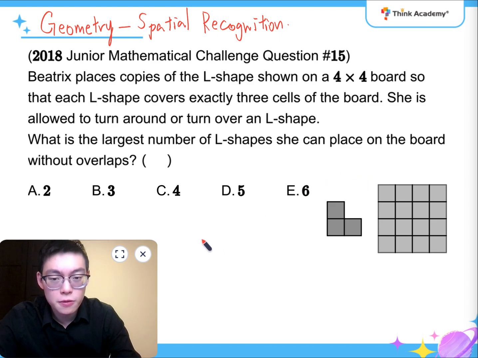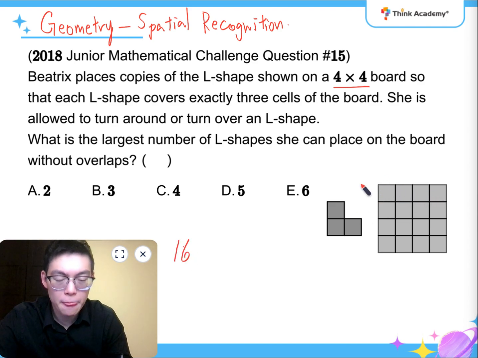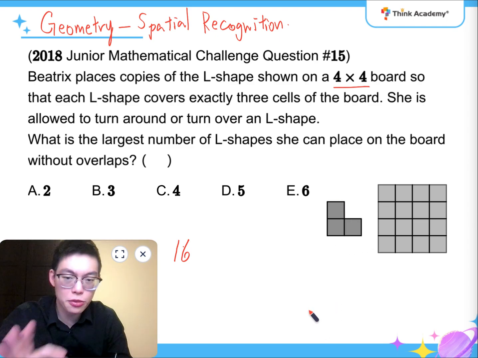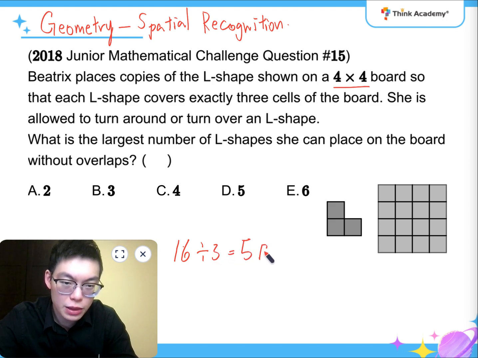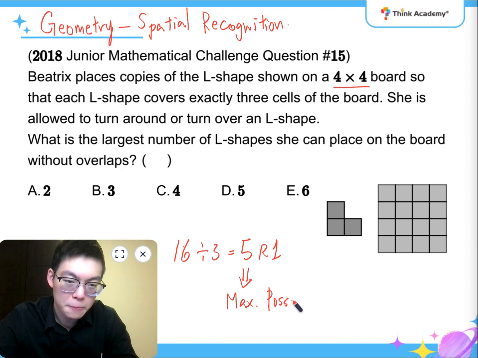So, first of all, we know that it's a 4x4 board, which means that it's going to have 16 boxes, right? And each L shape is taking 3 boxes, which means that if I divide 16 by 3, I know that it's 5 with the remainder 1, which means that 5 is the maximum possibility.